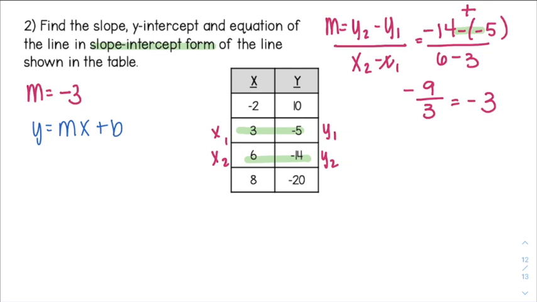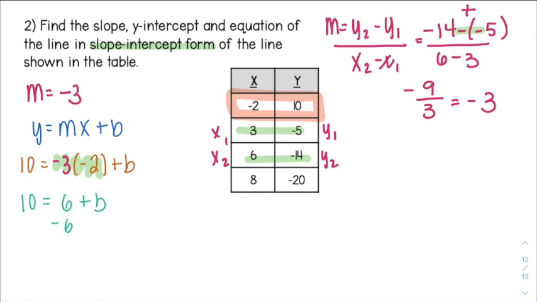I'm going to substitute in my values, and this time let's use negative 2, 10. So I have 10 equals my slope, which is negative 3, times negative 2, plus b. So I'm going to simplify. I'm going to get 10 equals 6 plus b.